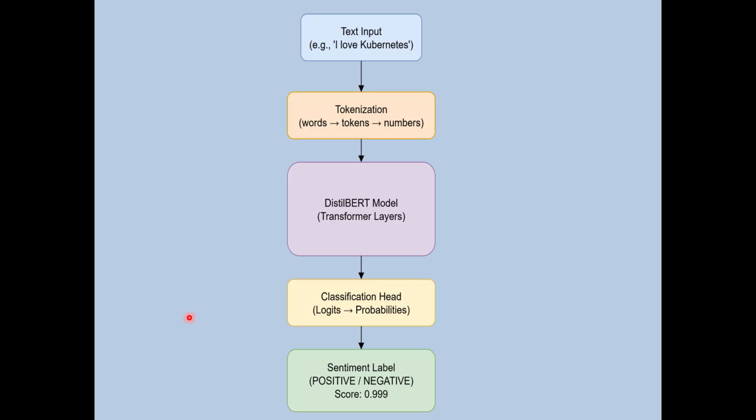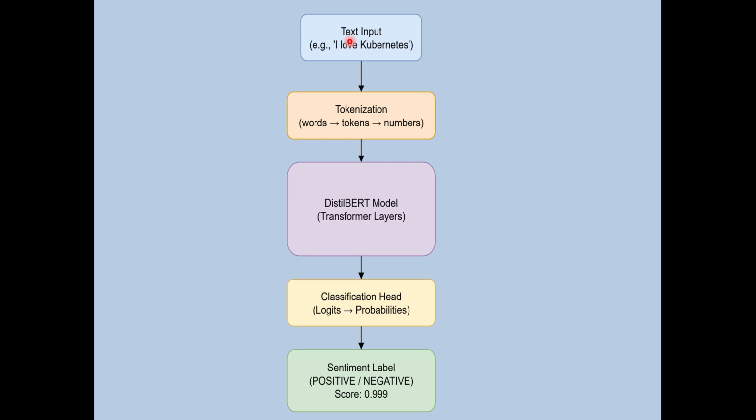Now for those of you who are curious about what's happening under the hood, the model we used here is DistilBERT, a smaller and faster version of the BERT model. It's trained on a large dataset of English sentences with positive and negative labels.